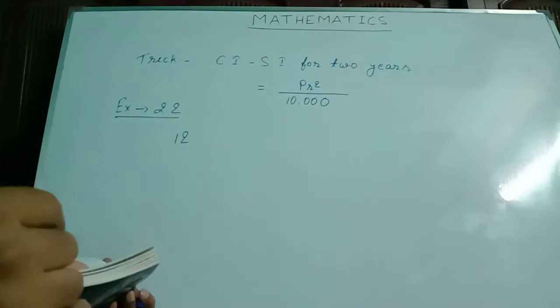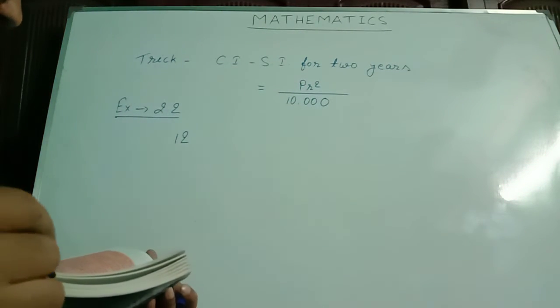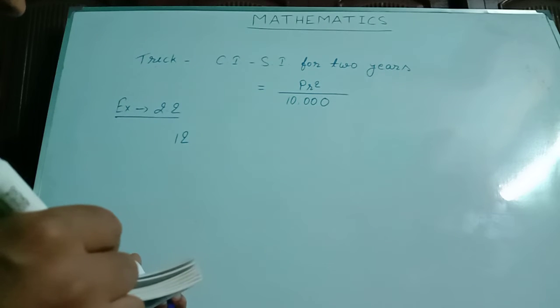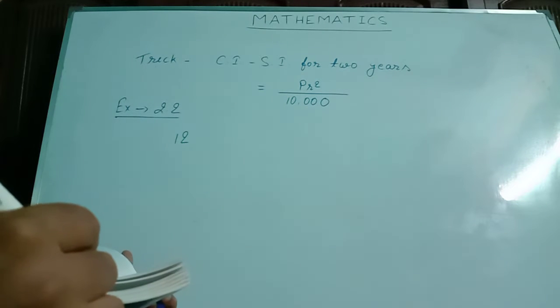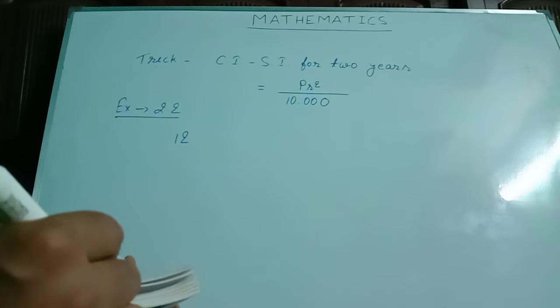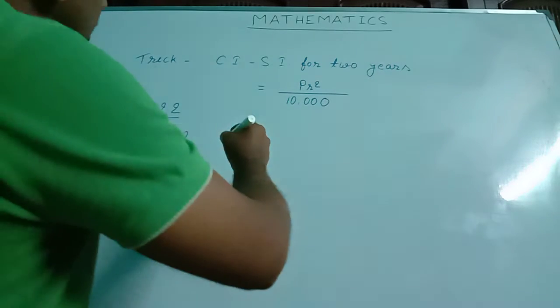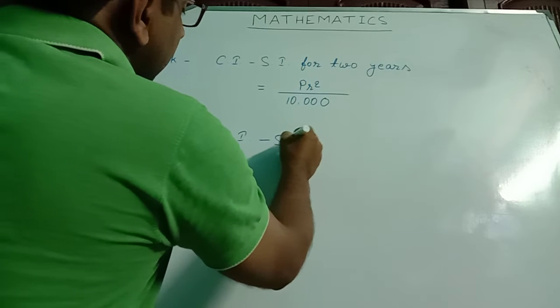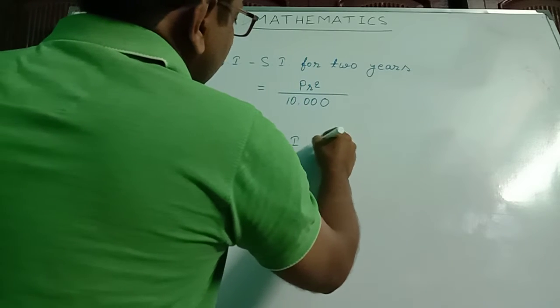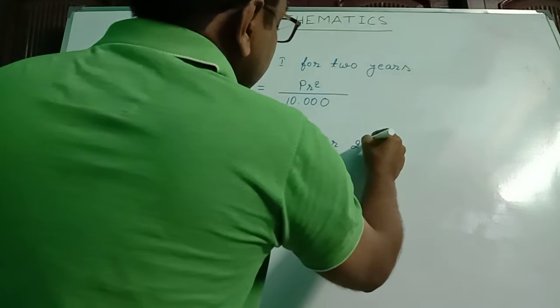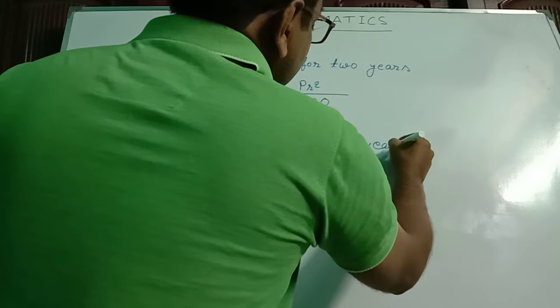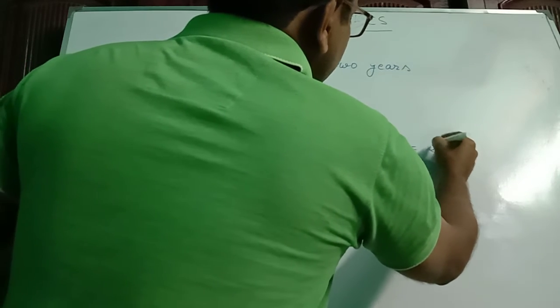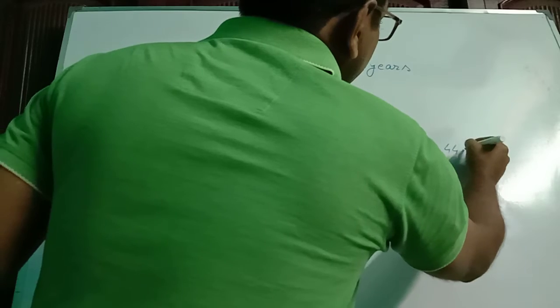The question is: the difference between simple interest and compound interest compounded annually on a certain sum is rupees 448. CI minus SI for 2 years is given, that is equal to rupees 448.